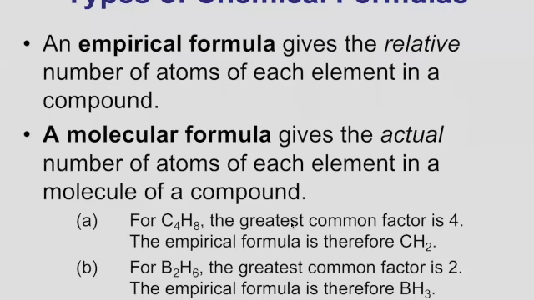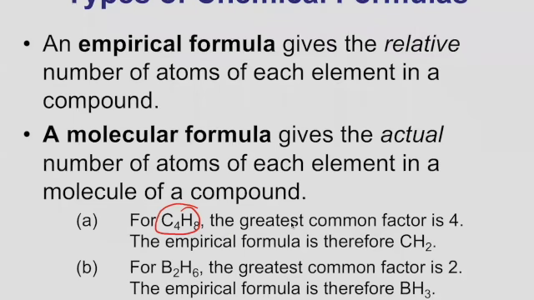For example, this is considered the molecular formula. But remember that one of the laws was to represent it in the lowest ratio. So basically, we always represent the empirical formula. How do we go from the molecular formula to the empirical formula?